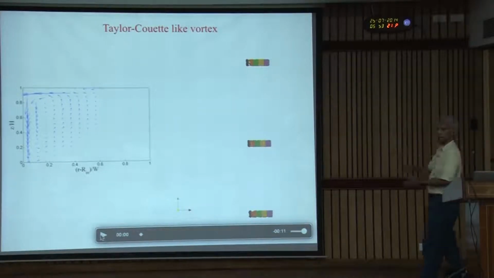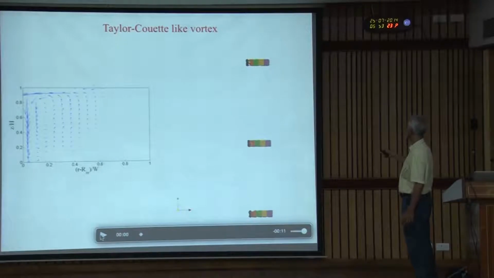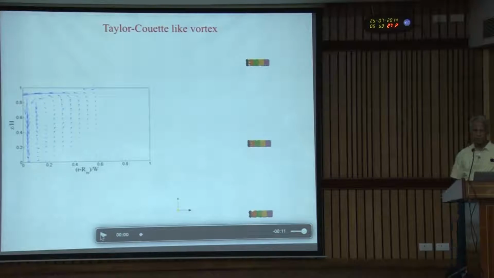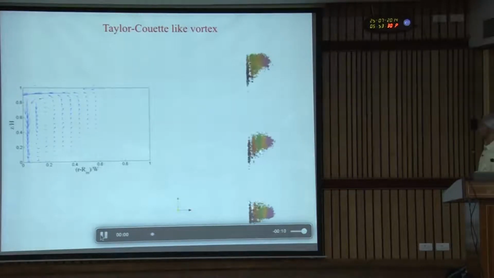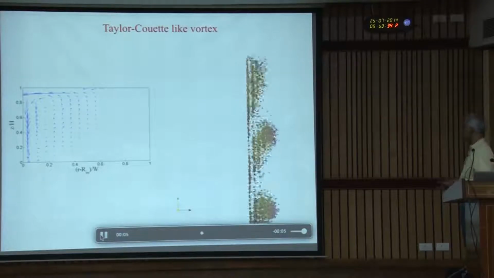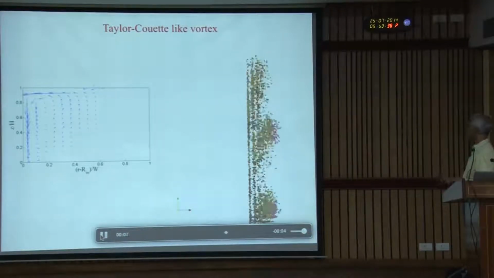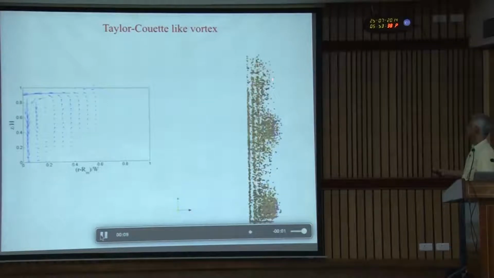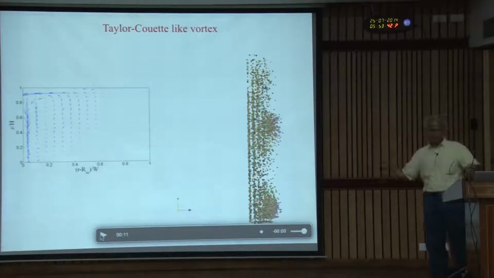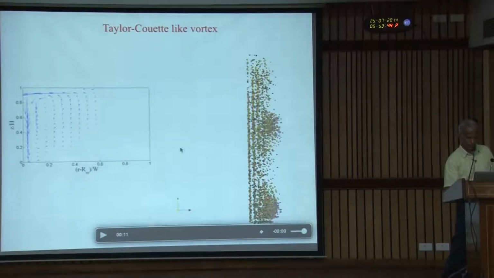The topmost band is near the free surface. This is somewhere in the middle, and this is not all the way at the bottom, but somewhere close. Very close to the inner cylinder, the particles just drop, and these slowly move up. So velocities out there are much lower, but the net flux everywhere is the same, 0.